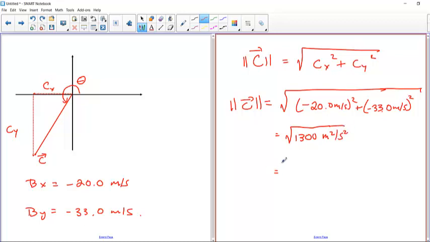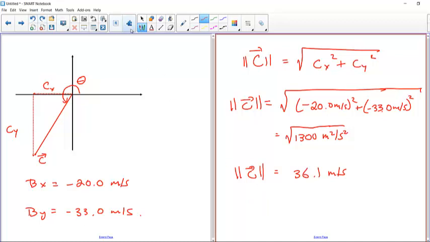And if we take the square root, we should get a number greater than the biggest of the two. So we get 36.1 meters per second. So that's the magnitude of vector C. So if I have the length of vector C sub x being 20, and the length of vector C sub y being 33, the length of the hypotenuse is just the length that represents the magnitude of the combined vector.